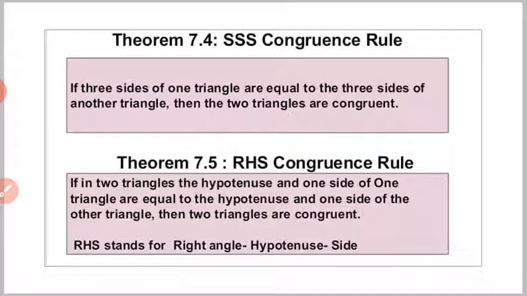Theorem 7.4: SSS Congruence Rule. SSS stands for Side, Side, Side Congruence Rule. If three sides of one triangle are equal to the three sides of another triangle, then the two triangles are congruent.